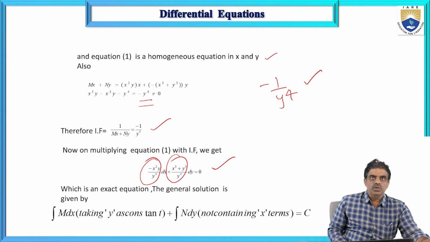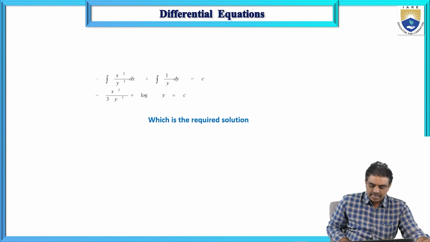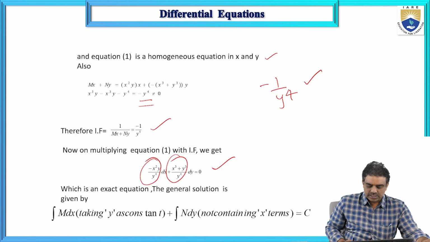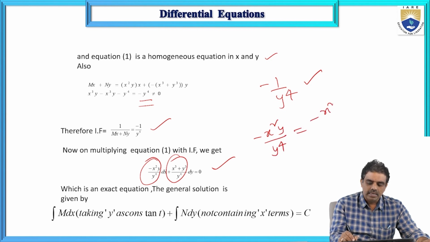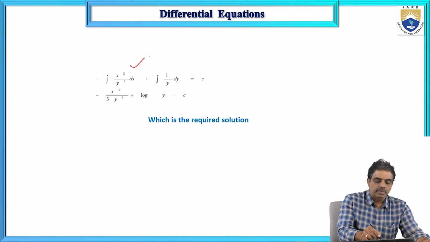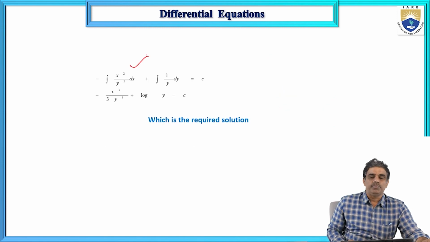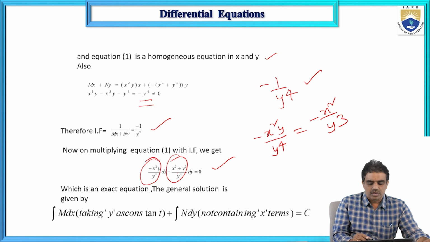On seeing this, we will get integral of the x term: minus x square y by y power 4. So y cancels, minus x square by y cube is the term. So this is minus x square by y cube dx. Here the x term should not be allowed. That means x cube by y power 4 is not allowed.